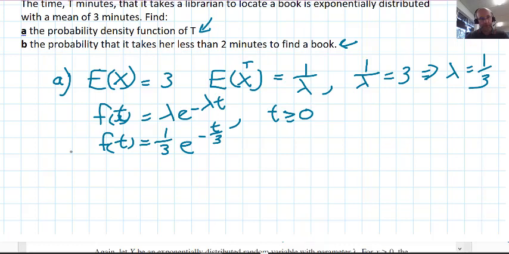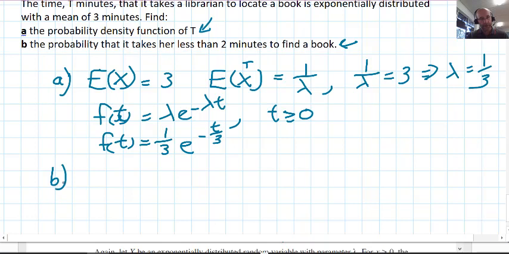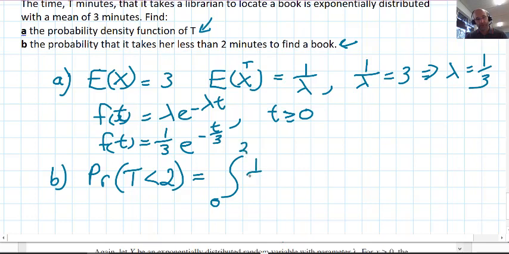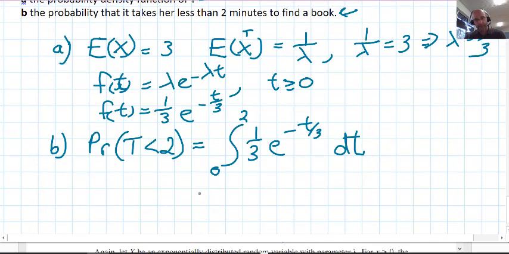For part B, we're looking at the probability that it takes less than 2 minutes. So we write that probability statement down where capital T is less than 2. And that equals the integral from 0 to 2 of our function. Take the integral.